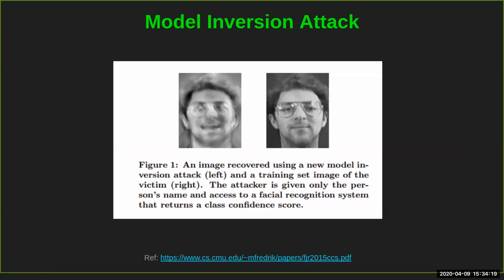Next is the model inversion attack. This attack assumes that you have access to the model. Once you have access to the model, you can use some optimization algorithms to get the data that was used to train the model.